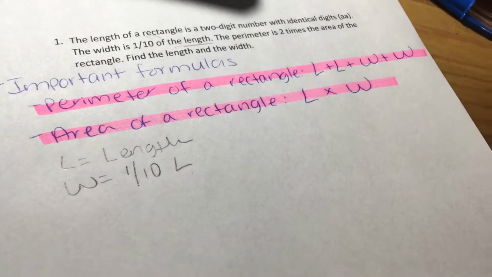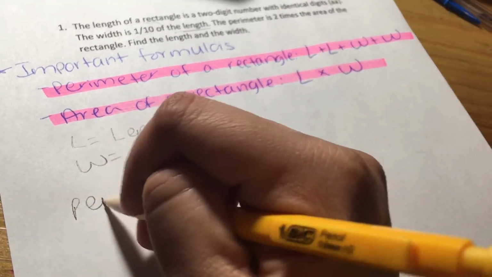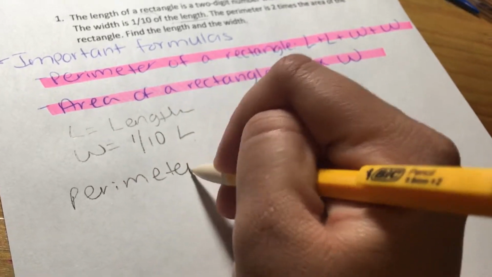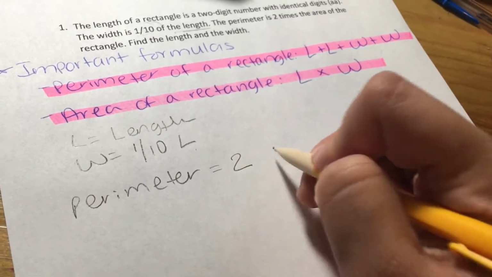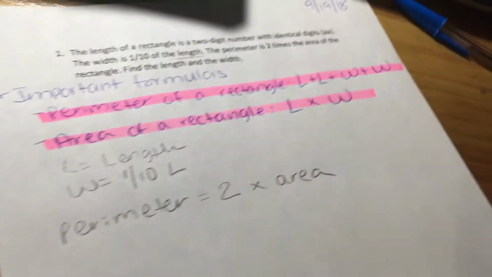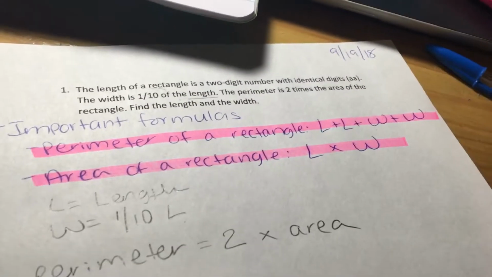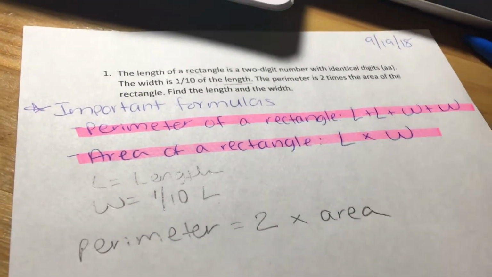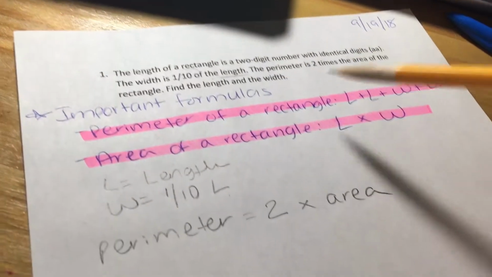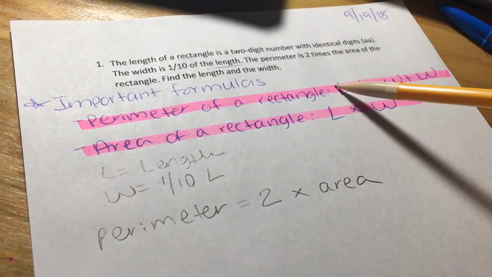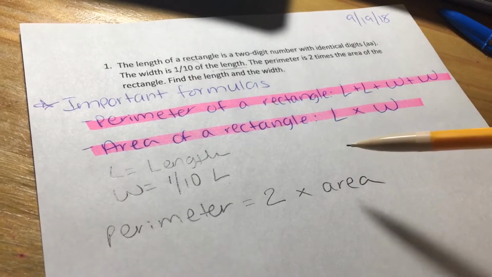So let's go ahead and write it out. The perimeter equals 2 times the area. Okay, so just to reestablish, we're setting things up. These are the important formulas you should know by now: the perimeter of a rectangle as well as the area of a rectangle.